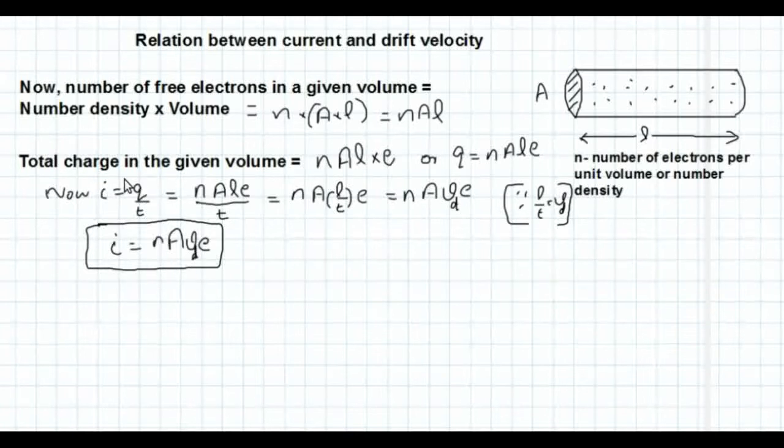So I is equal to Q by t is the equation you are getting from the definition, but this can be rewritten as I is equal to n into A into v into e, where v is the drift velocity, and this is the relation representing the connection between current I and drift velocity v.